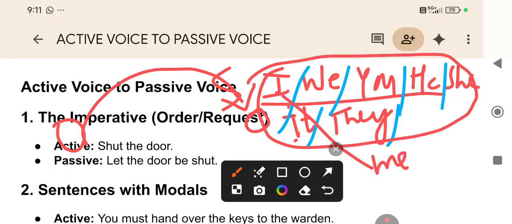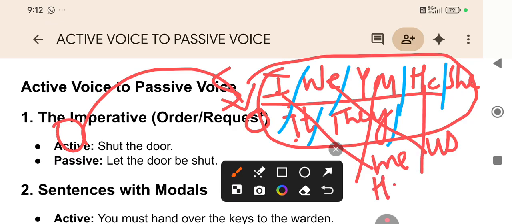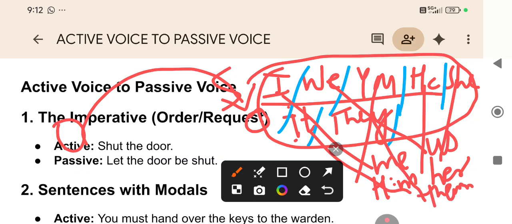I becomes me, we becomes us, you never changes, you remains the same, but he becomes him, she becomes her, it never changes, it remains the same, and they becomes them. So whenever you take the subject to the place of the object, please change this form.